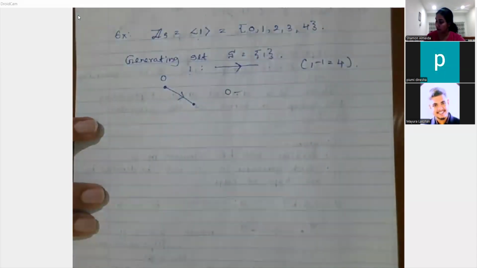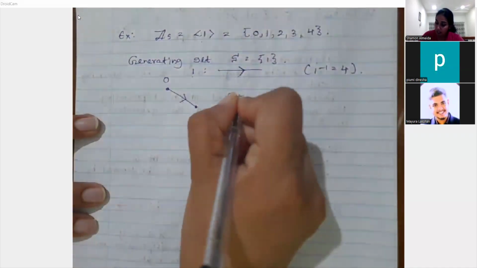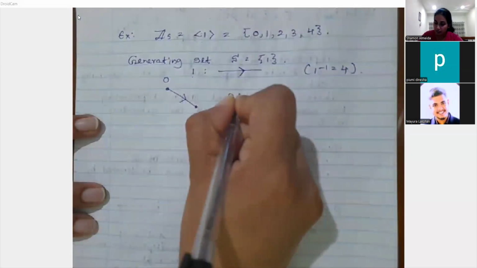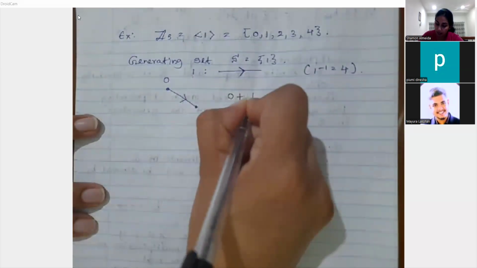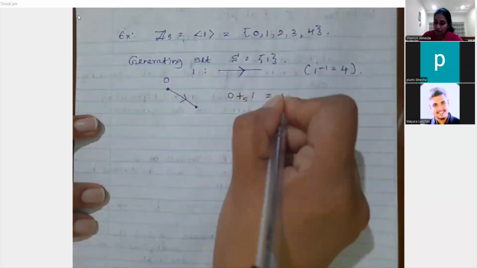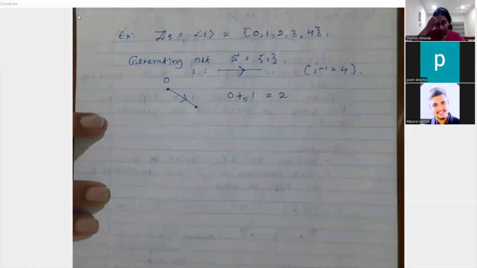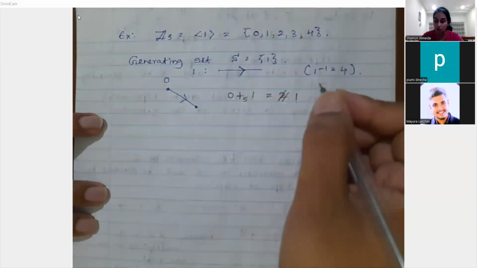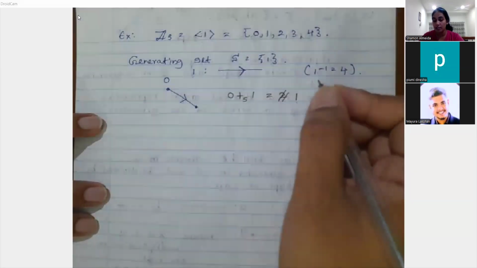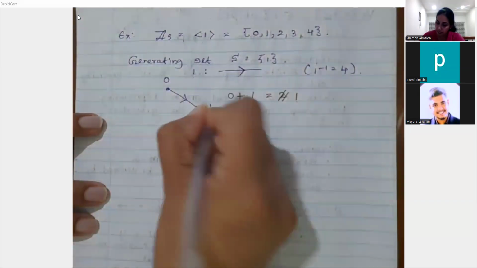So now we have 0. What is the binary operation? Addition modulo 5. This refers to 1, so we are only adding 1 on the right. 0 plus 1 is 1. Divide by 5, take the remainder, you have 1, right? So over here, we have 1.